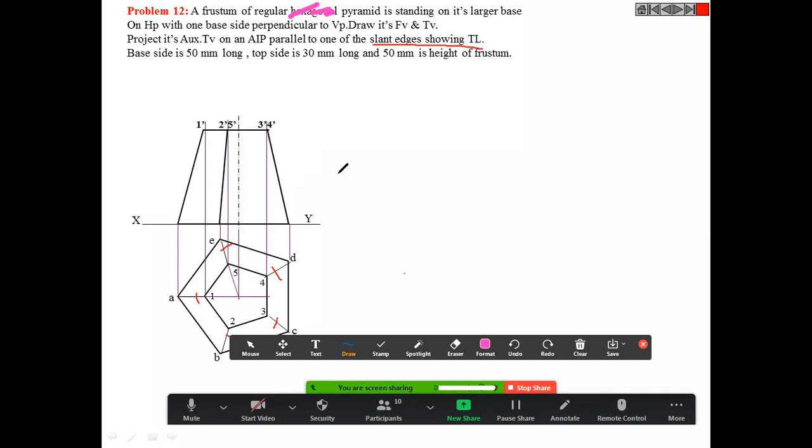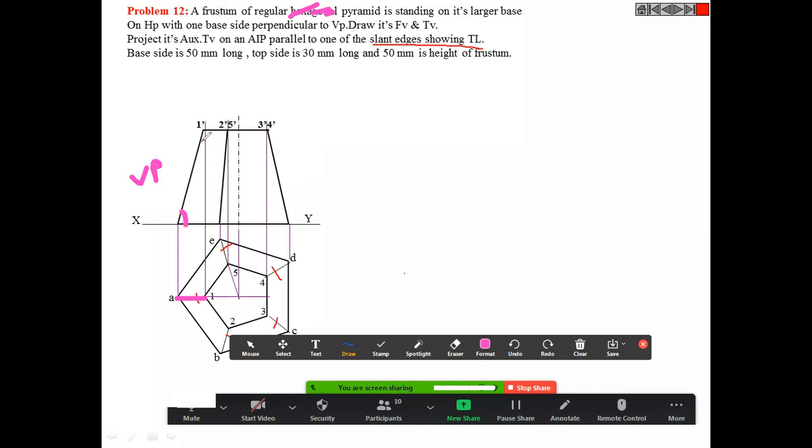We have discussed it in the previous to previous problem, isn't it? Because this is parallel to VP, not HP. It is inclined to HP at some angle.